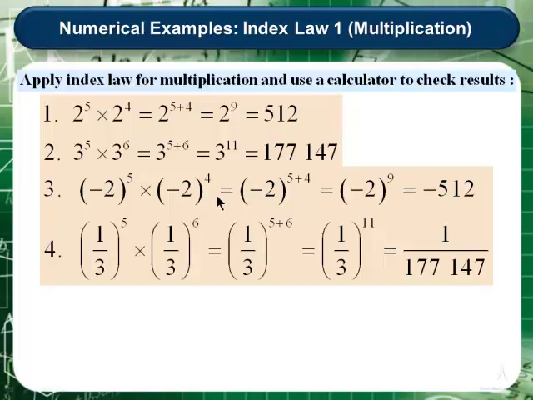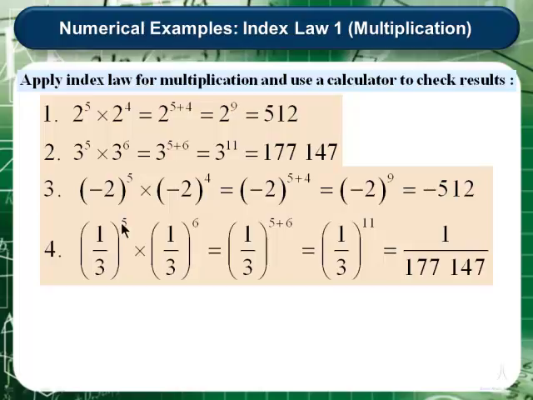But then what you can do to check your result is, in addition, also go and calculate minus 2 to the power 9. So minus 2 to the power 9 will give us an answer of minus 512. And in the same way, minus 2 to the power 5 multiplied by minus 2 to the power 4 will also give an answer of minus 512. And a similar type of test can be conducted here.